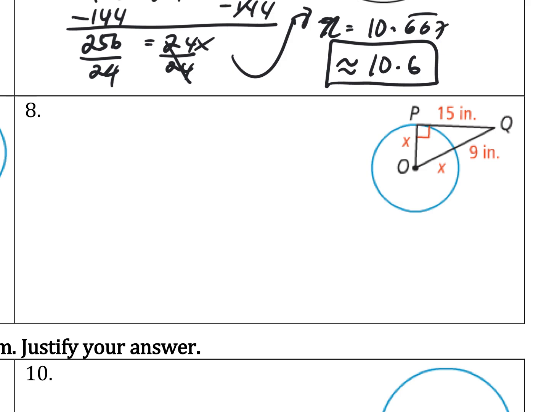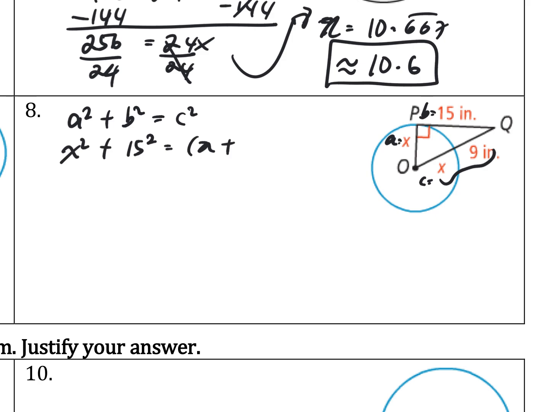So I'm going to label again here. This is my A, this is my B, and this is going to be my C. These two numbers. So A squared plus B squared is equal to C squared. My A squared is equal to x squared plus 15 squared is equal to (x plus 9) squared.